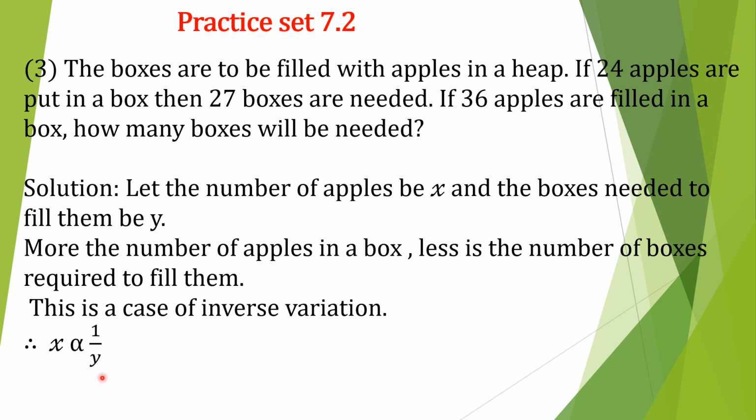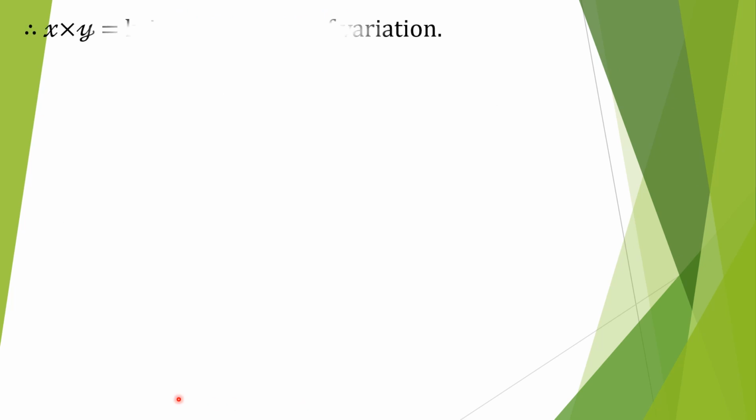So our next step will be to write it in equation form. Therefore, x equal to k into 1 upon y, where k is a constant. Now students, therefore x into y equal to k is the equation of variation.